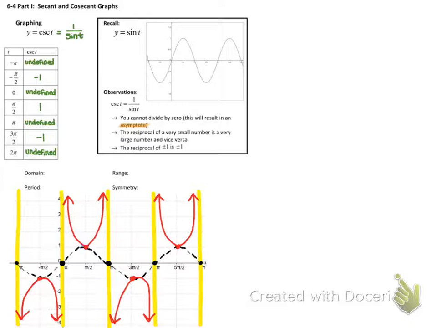Okay, so getting rid of that, let's talk about the domain and the range. So first, the domain. Now, t, our graph here, can't be at values like negative pi, 0, pi, and 2 pi. We know this because of our asymptotes, and that trend continues.